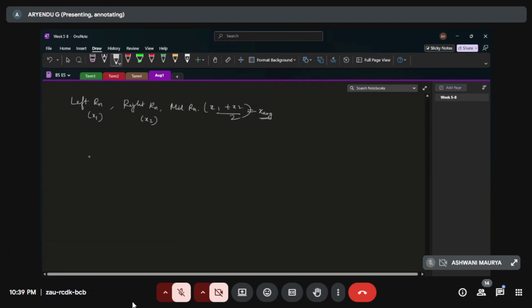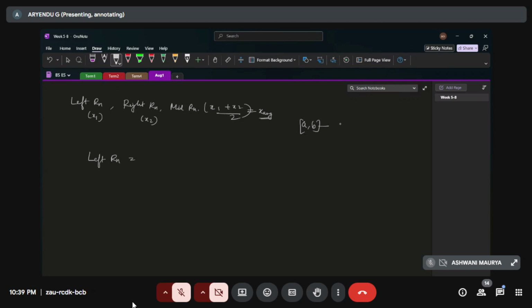So we have an equation for that. For the left Rn, say we are taking the interval a to b, and we have split it into many intervals x1, x2, x3, x4, x5, etc. So the first interval will be a to x1, then x1 to x2, x2 to x3, x3 to x4, x4 to x5, and the last one will be x5 to b.